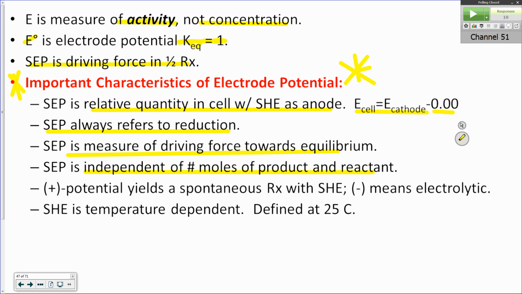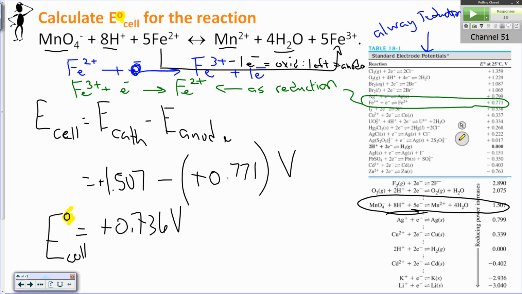Let me go back and reinforce what I mean on that one. On this one, even though this was written for one mole of it, because it was 5 moles, we didn't put times 5 here. It took 5 of these to balance out the number of electrons, but we didn't multiply it by 5.